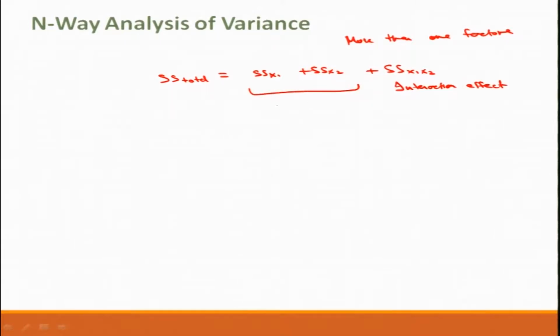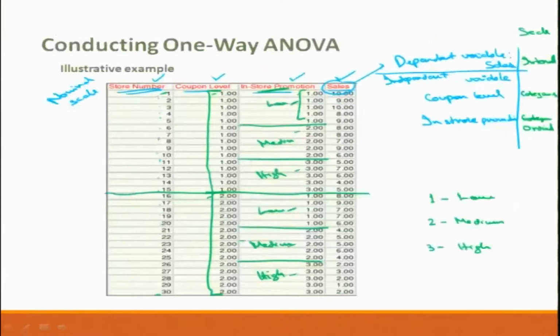These are known as main effects. We had two factors here, coupon level and in-store promotion. We first did in-store promotion and sales. Now we will do in-store promotion and coupon level on sales.